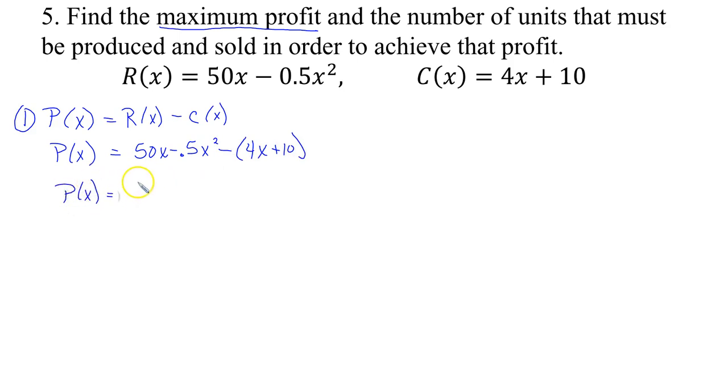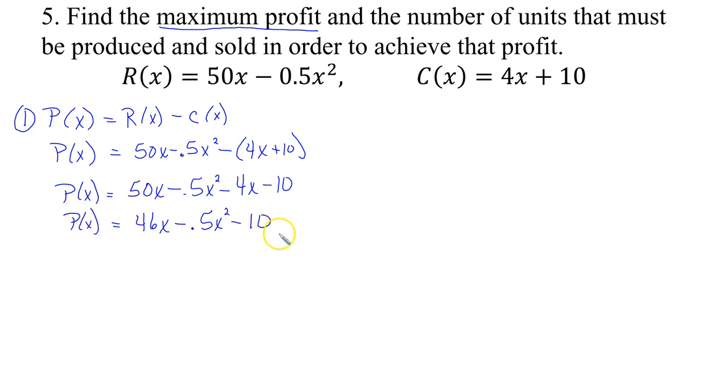So capital P of X is 50x minus 5/10 x squared minus 4x minus 10. That will make a difference. So this is going to be 46x minus 1/2 or 5/10 x squared minus 10. And so this is my profit function.